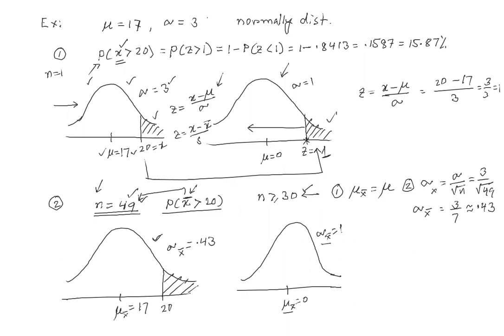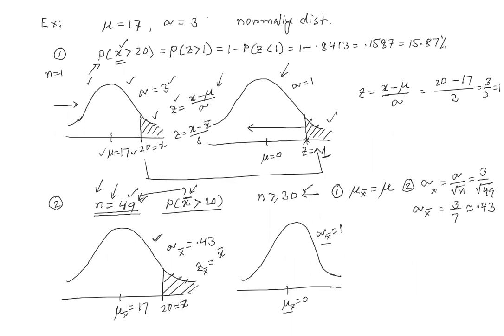And instead of using Z, I'm going to be using Z sub X bar, just to clarify that we are dealing with sampling distribution. This is going to be X bar, the point of interest. Why is it X bar? Because we are dealing with 49 students. So you cannot just say one number.